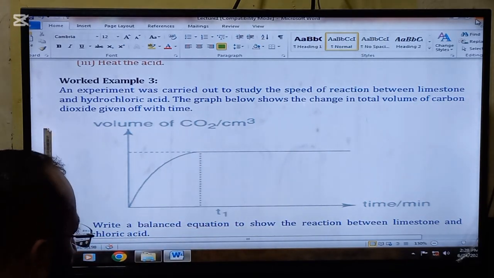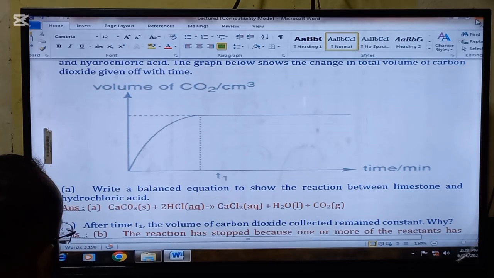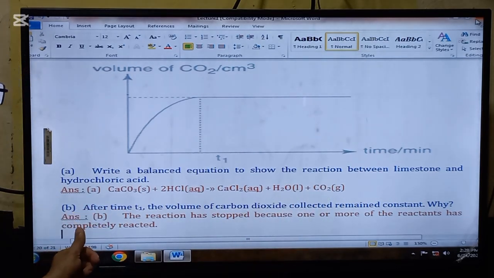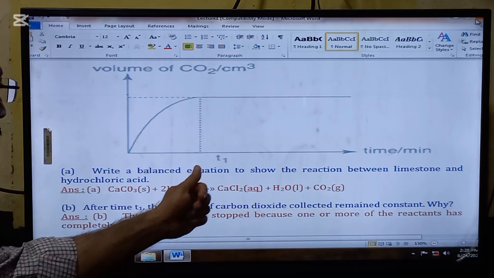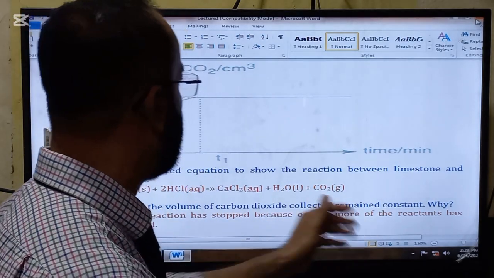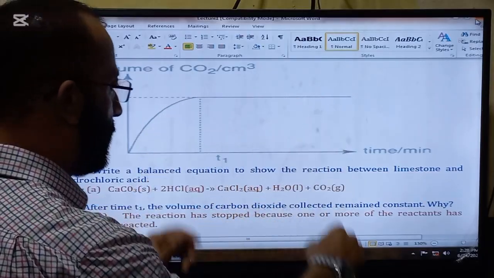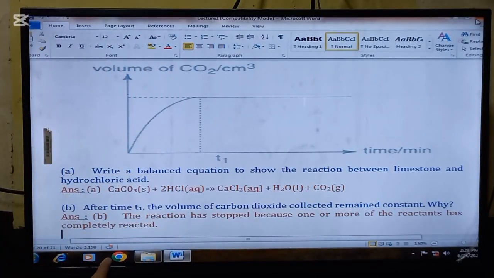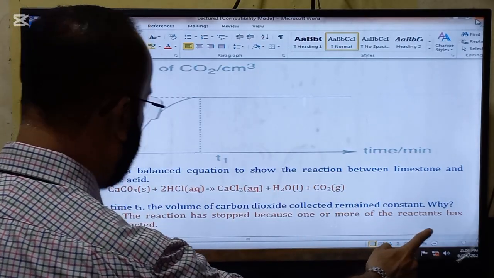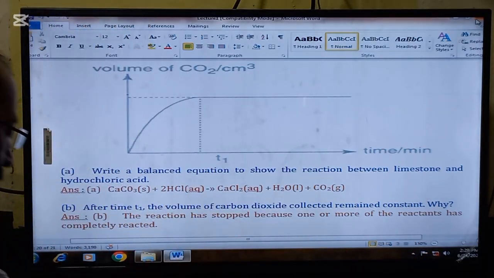Write a balanced equation to show the reaction between limestone and hydrochloric acid. So this is the balanced equation. After time t1, the volume of carbon dioxide collected remained constant. Why? The answer is the reaction has stopped because one or more of the reactants has completely reacted.